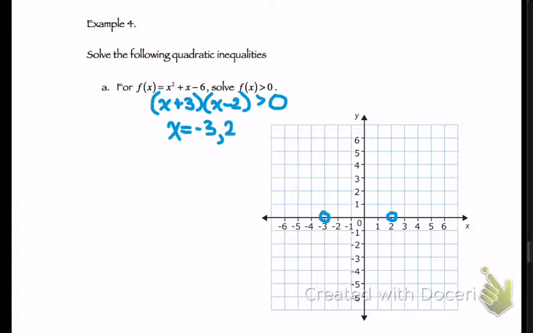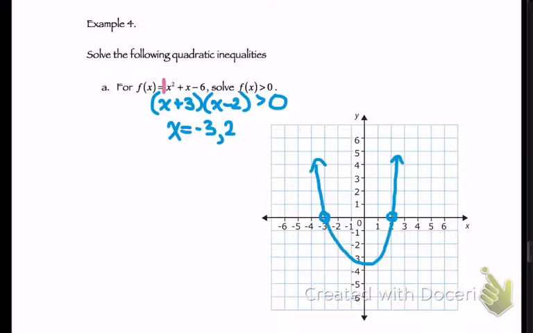I know x squared looks like a parabola. The leading coefficient, this number right here, tells me whether my parabola is going to open up or down. Because that's positive, I know my parabola is going to open up. I only need to do a sketch. I don't need to know exacts because I know those 2 points are exact. The other points are irrelevant because those are the important pieces of information when I write my interval notation.